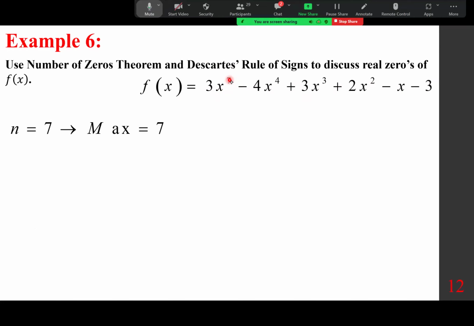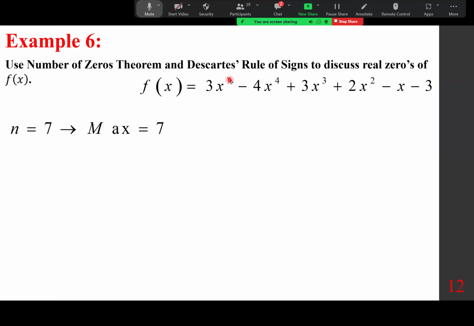So the maximum number of zeros is 7. And that's the maximum number of complex zeros, or of course, for that matter, real zeros.